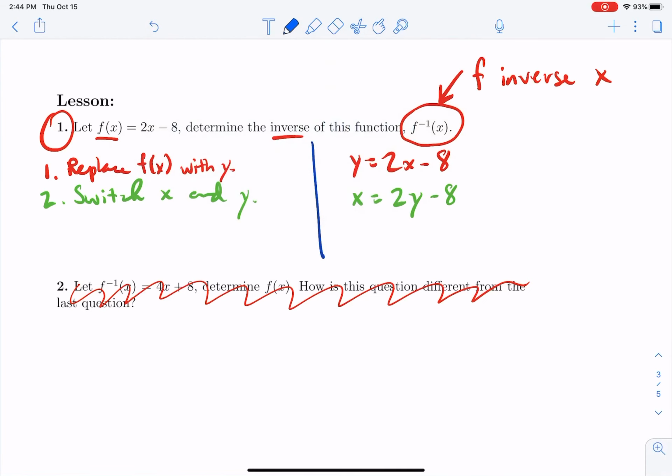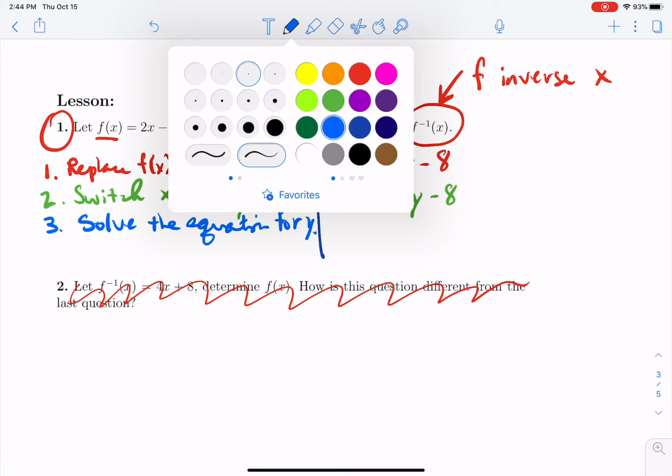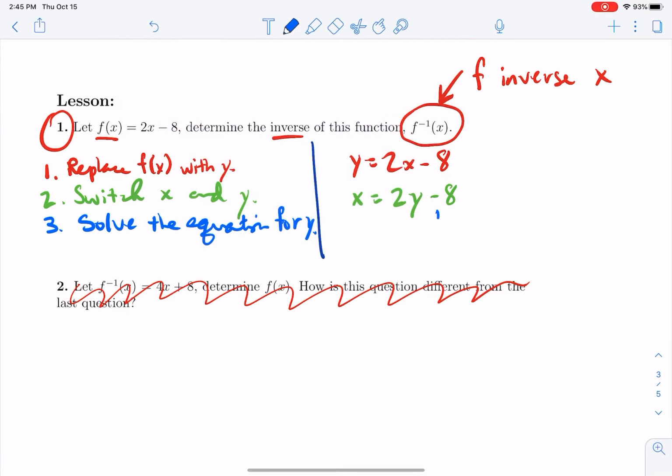Okay, the next thing I'm going to do is solve this equation for y. So to do that, I need to get y by itself. I'm going to start by adding 8 to both sides. Cancels here. This will give me x plus 8 equals 2y. To get y by itself, I'm going to need to divide both sides by 2.